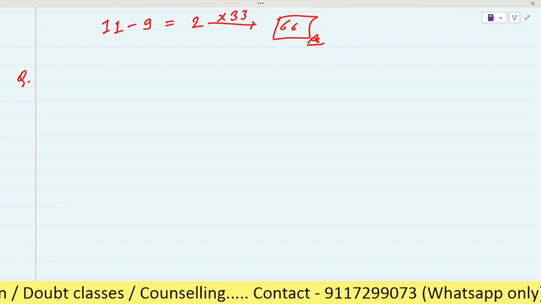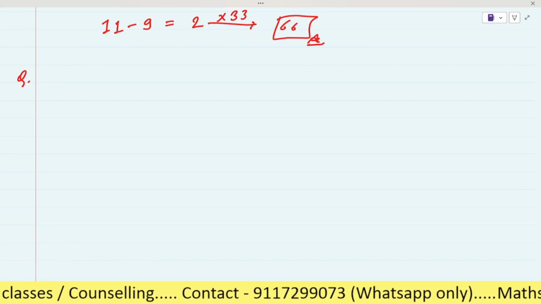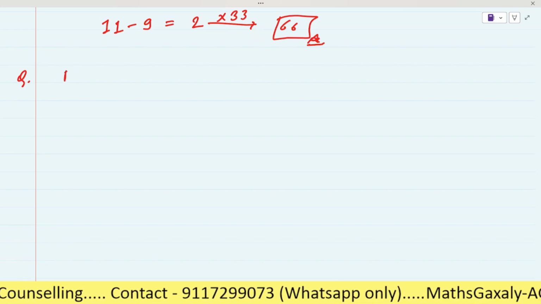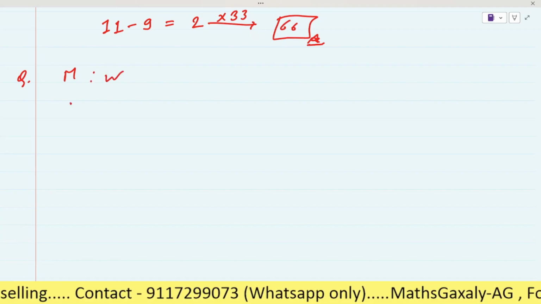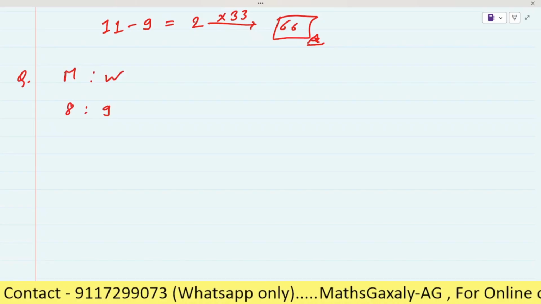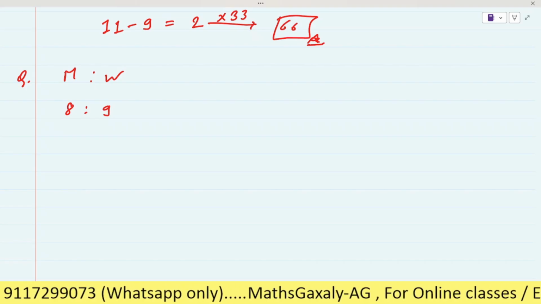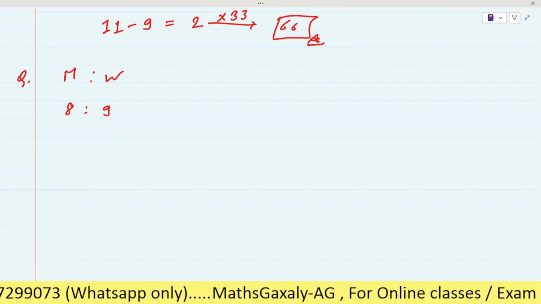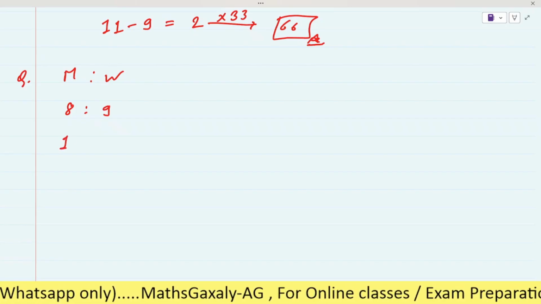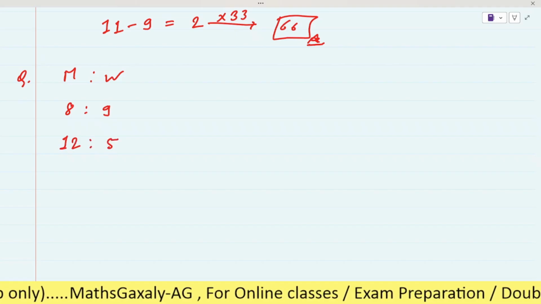Two vessels contain equal quantity of mixture of milk and water in the ratio 8 is to 9 and 12 is to 5, sorry, not 15, 12 is to 5.